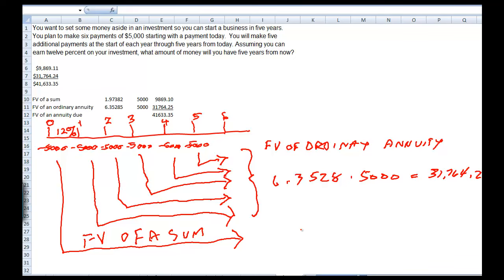And our future value of a sum, we had $5,000. And our future value factor in this case was the 1.97382, which was 986,910.